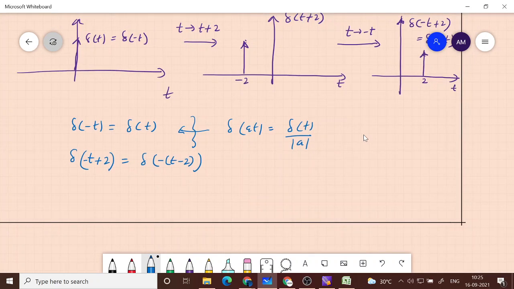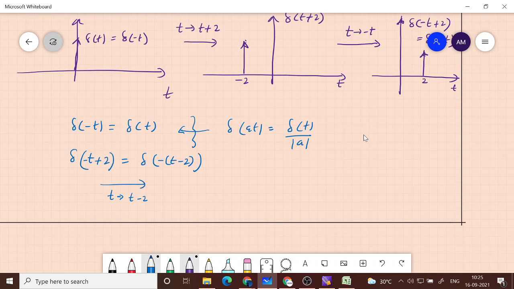This way I can write the given expression, minus t plus 2, as delta of minus of t minus 2. So what is the transformation? t goes to t minus 2, which is shifting right by 2 units.